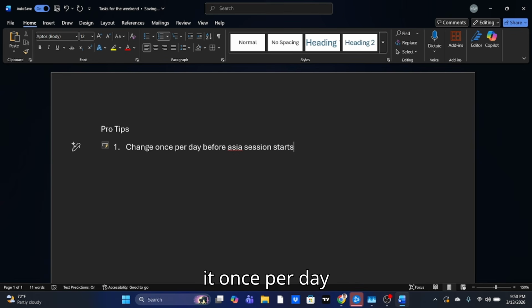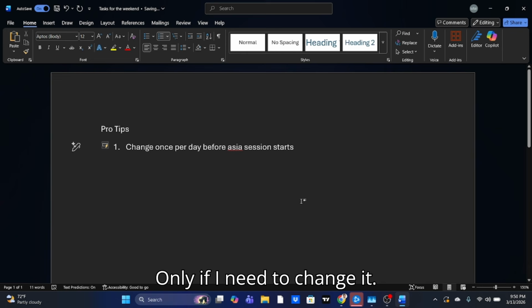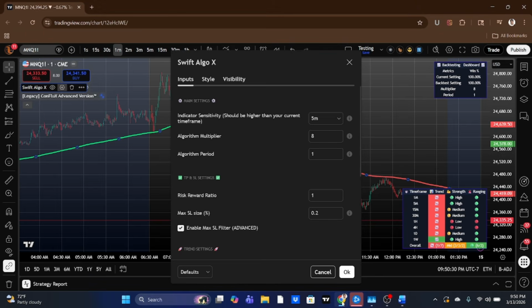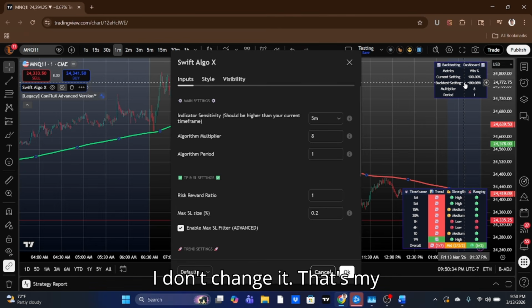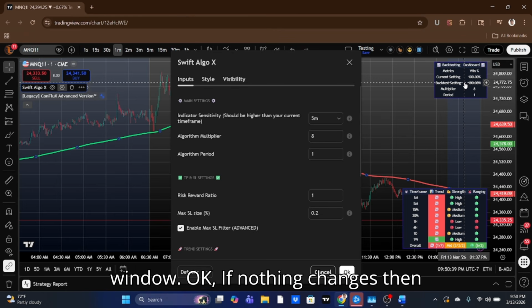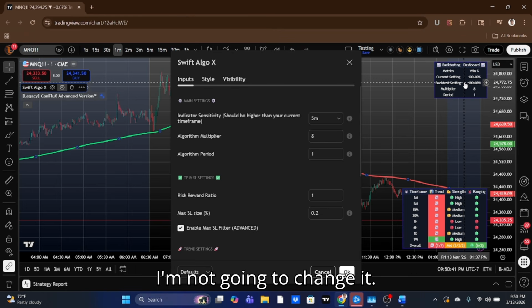Okay, let me repeat. I only change it once per day, and that is before Asia session starts. Only if I need to change it. Obviously, if it's 100%, then I don't change it. That's my window, okay? If nothing changes, then I'm not going to change it.